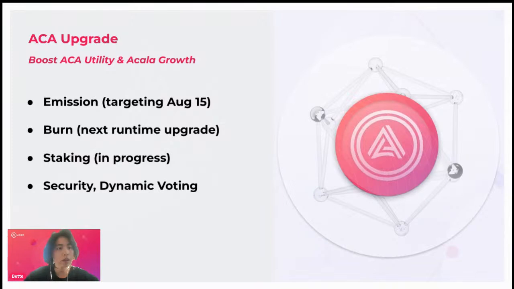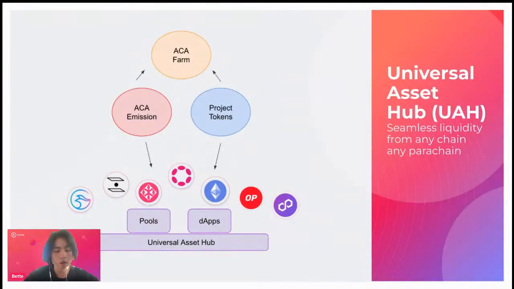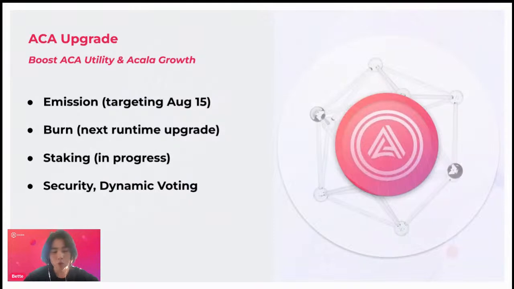Yeah, and in terms of questions, I think there's some I can also answer. There is a question regarding ACA utility: as a portion of the staking, ACA can be used as a mitigation tool in the event of a shortfall. So if you look at the ACA utility, there's a number of them, right?